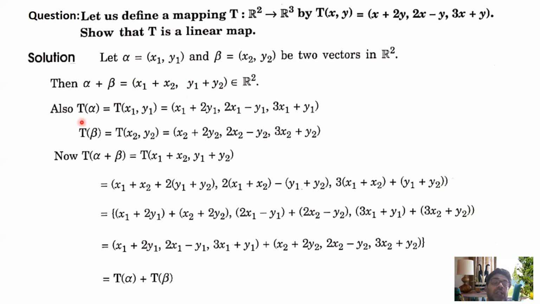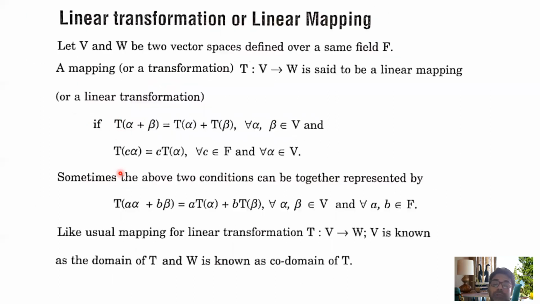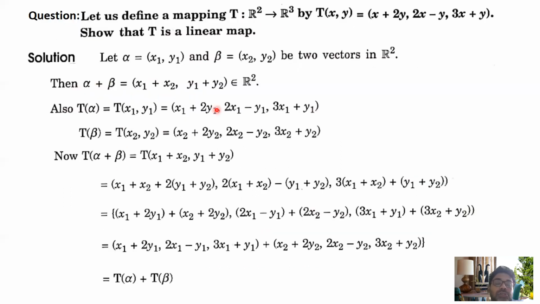Now T(alpha) is equal to T(x1, y1), which is (x1 plus 2y1, 2x1 minus y1, 3x1 plus y1). Clear? This result is coming from the definition of T.